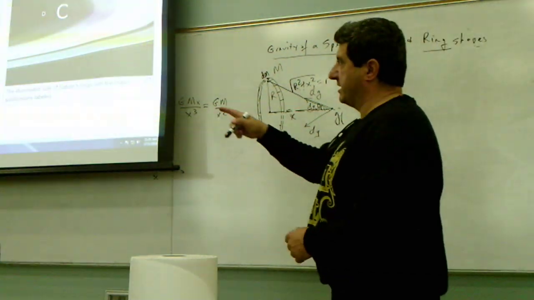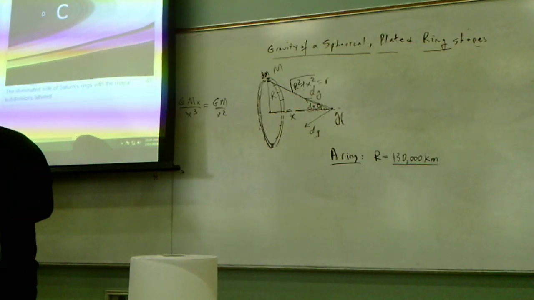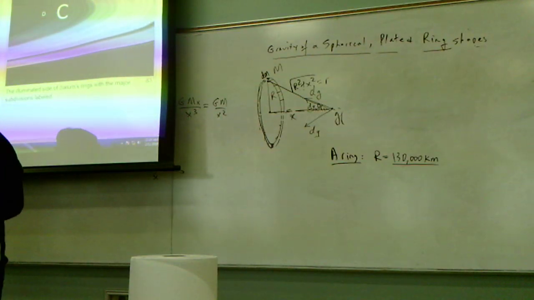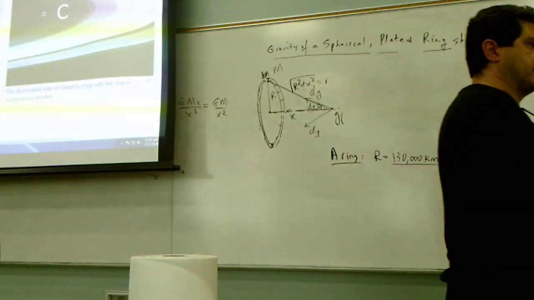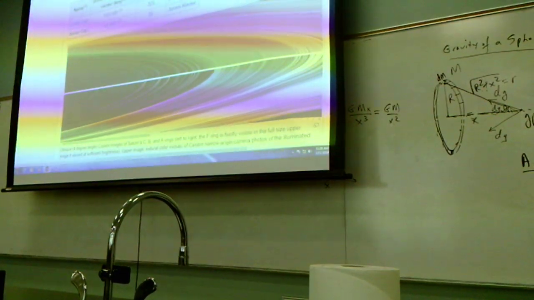I'm just averaging out the radius, right? And then the mass would be what? They give you the mass. We click on it maybe.